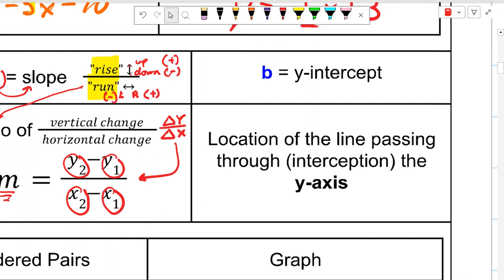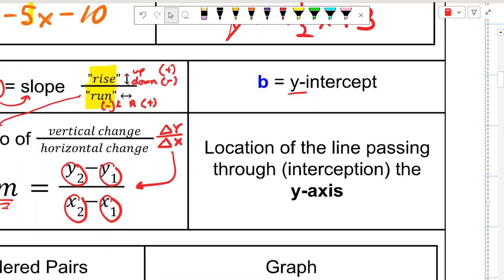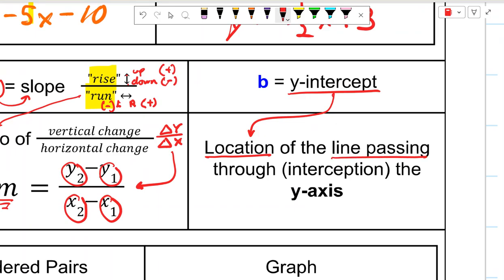Let's talk about the b. The b is known as the y-intercept, and the y-intercept is actually a location. It's a location of the line, where the line passes through the y-axis. Now the y-axis on a coordinate plane is the vertical one. Okay, we have a y-axis here, and we have an x-axis here.